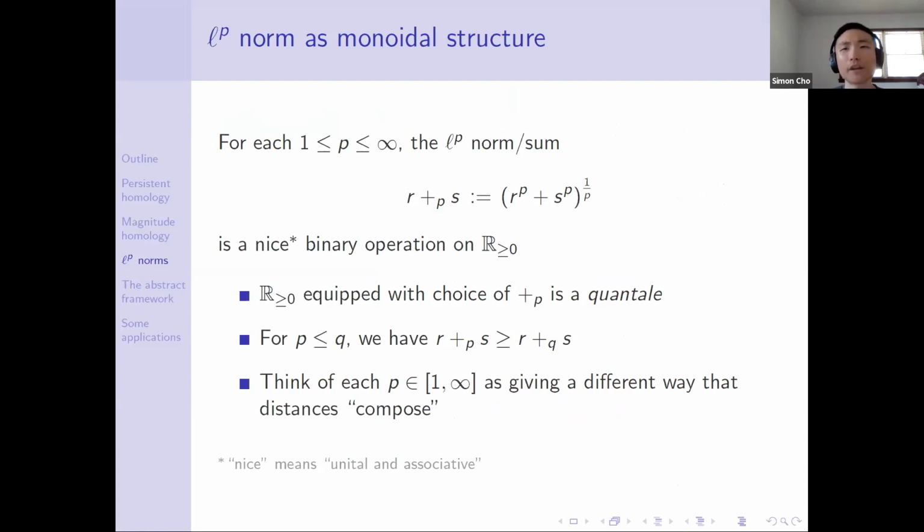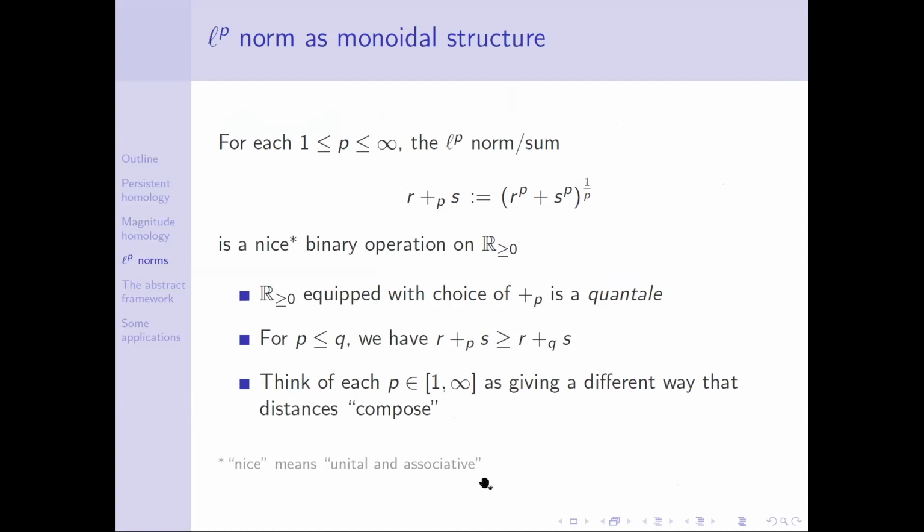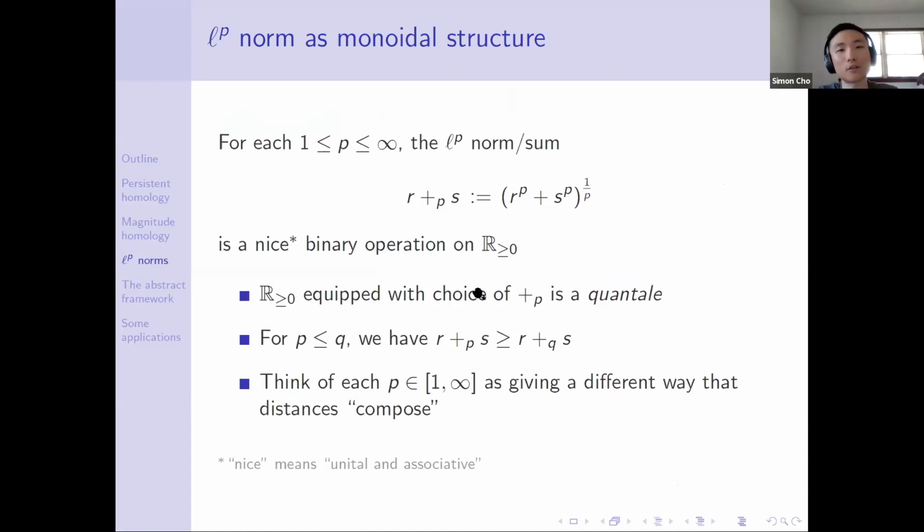So, a brief interlude about monoidal structures, right? We can think about the LP norm, or the LP sum, as a monoidal structure on the non-negative real numbers, right? Because it's unital and associative, right? And for any choice of P, the non-negative real numbers equipped with the LP sum is a quantale, right?